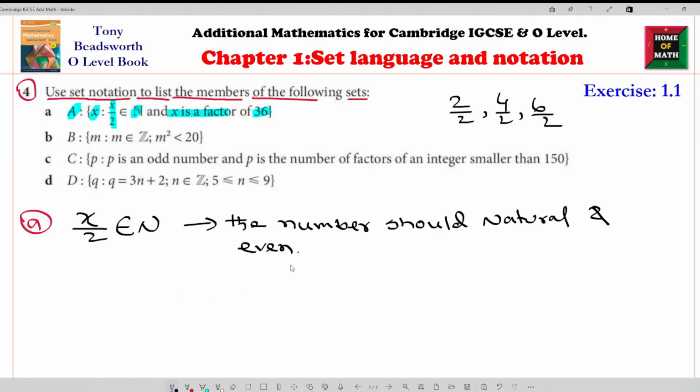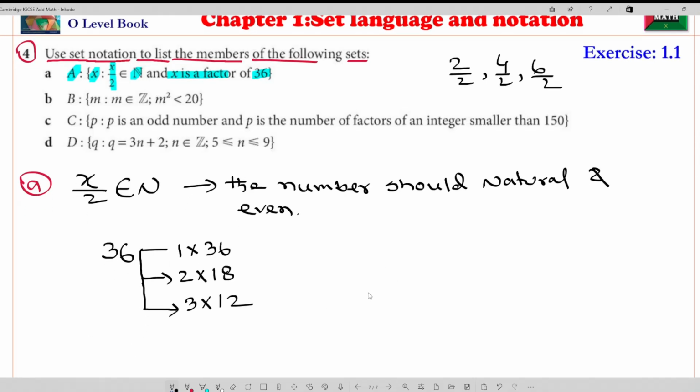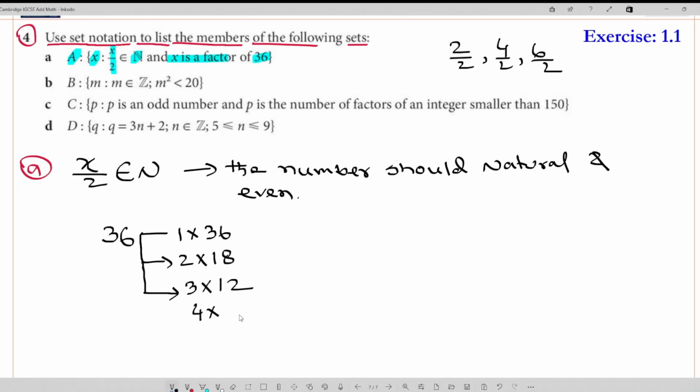So now we can write like this: 36. X is a factor of 36. So 36, once we factorize, we can write 1 times 36, right? Then 2 times 18, then 3 times 12, then 4 times 9, which is also a factorization of 36.